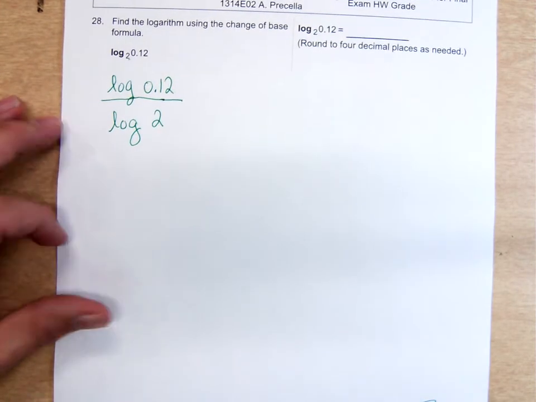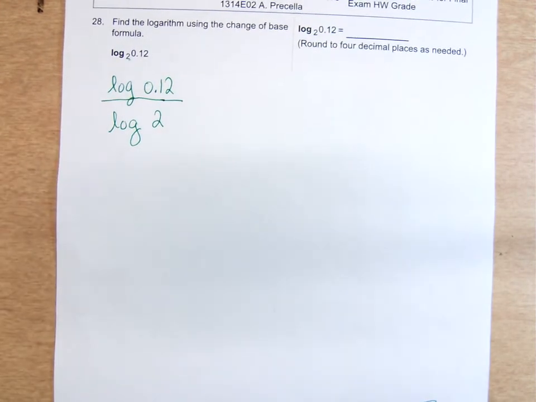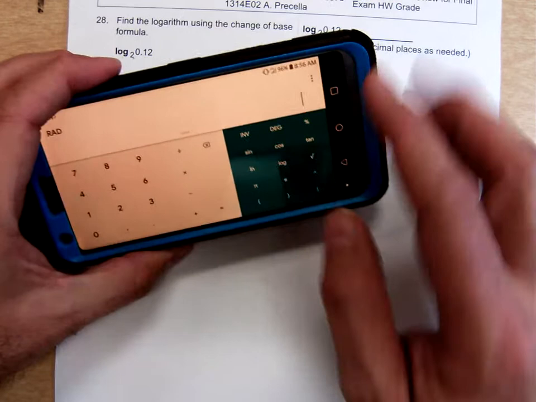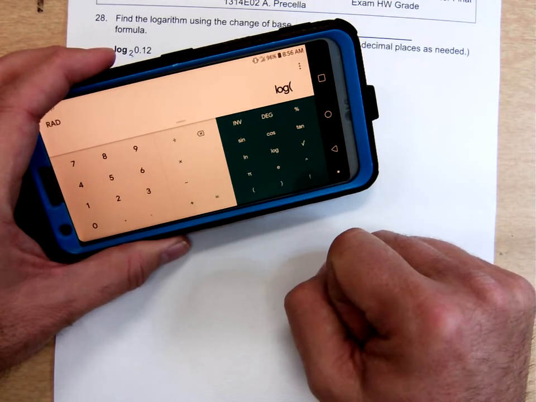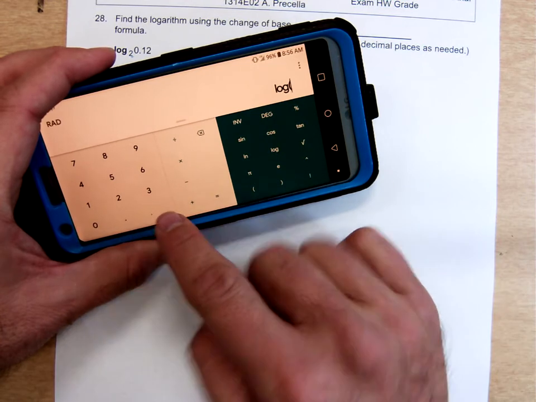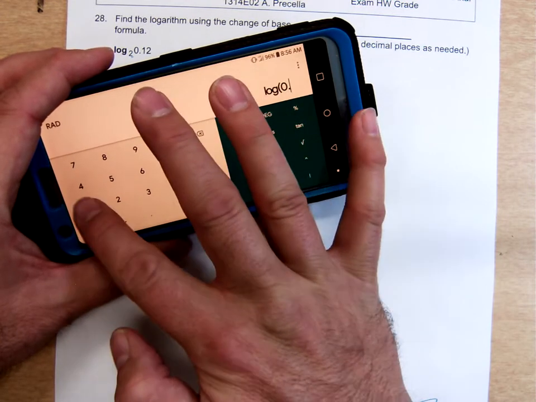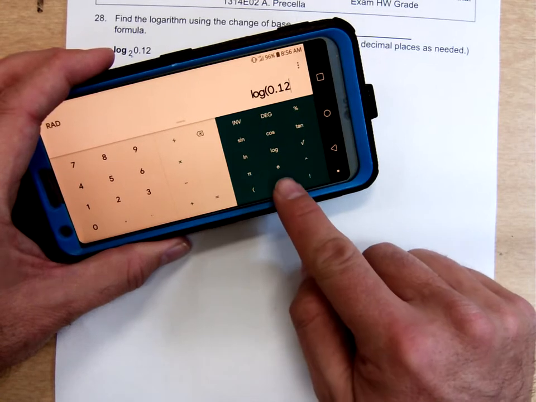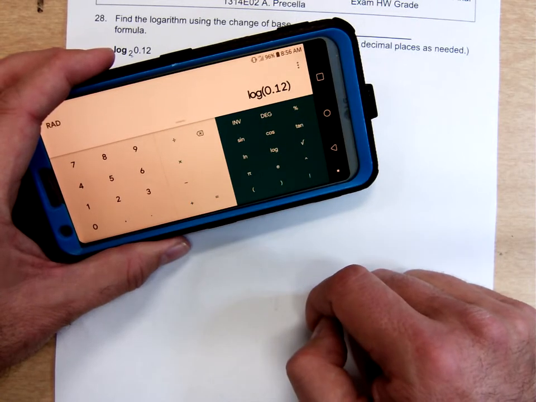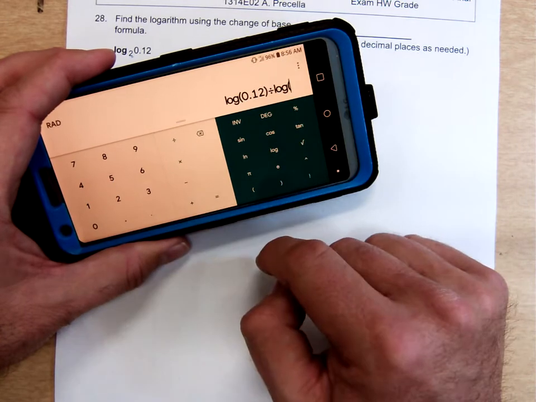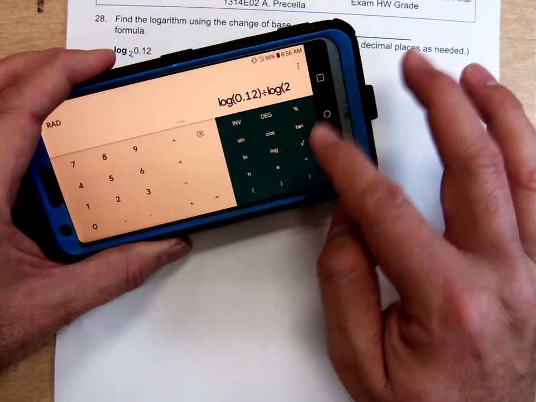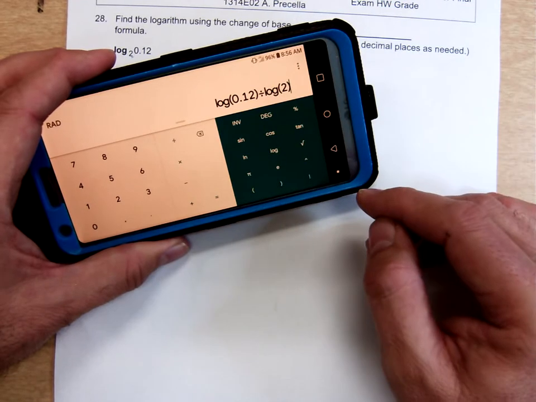And if your calculator's like mine, you've got to watch out when you punch this into your calculator. I'm hitting LOG. Notice how it's open parentheses. I've got to close those parentheses. I'll punch in 0.12, close parentheses, then divided by log 2, close parentheses, before I hit equals.